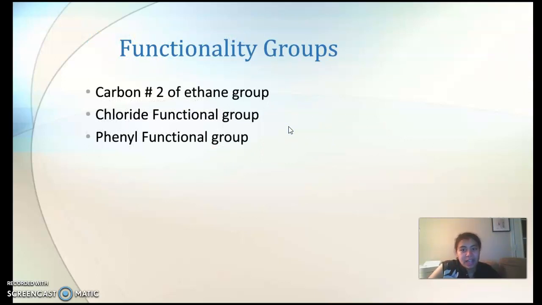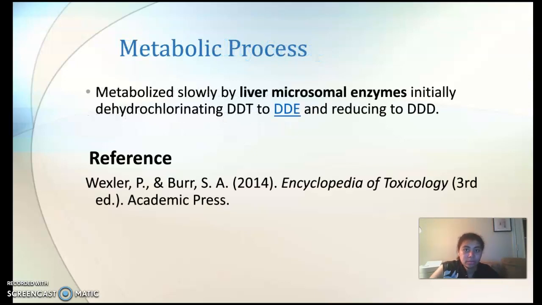So it has a carbon number 2 of the ethane group, a chloride functional group, and a phenyl functional group. It is metabolized slowly by liver microsomal enzymes, and it dechlorinates, so it degrades from DDT to DDE, which I'll be talking about in another slide. It also reduces to DDD.